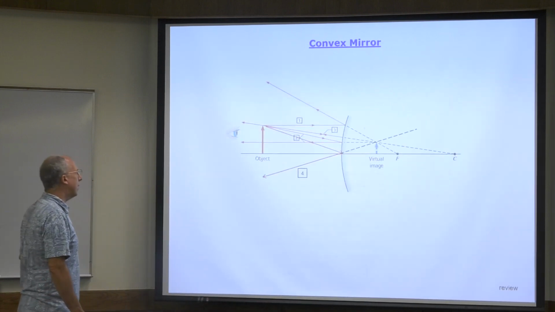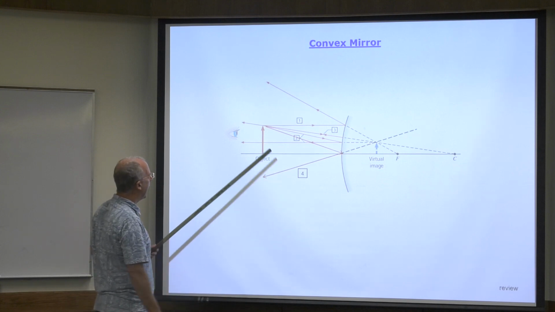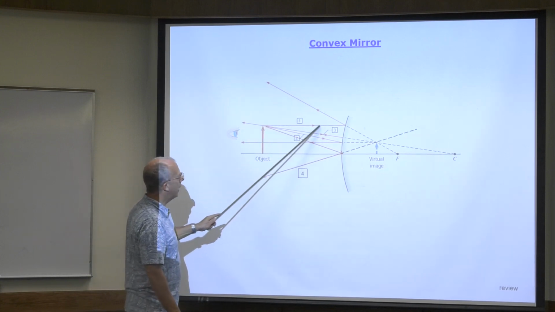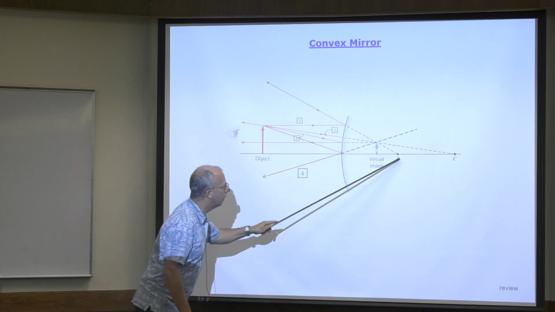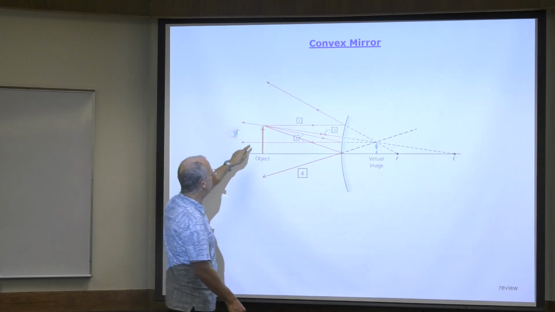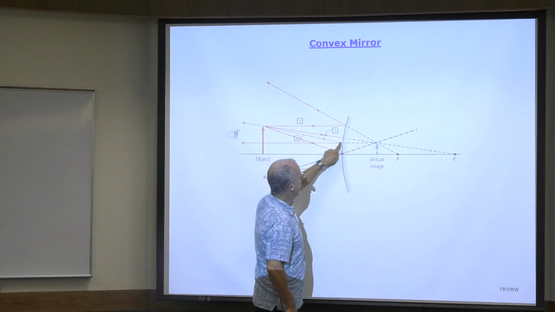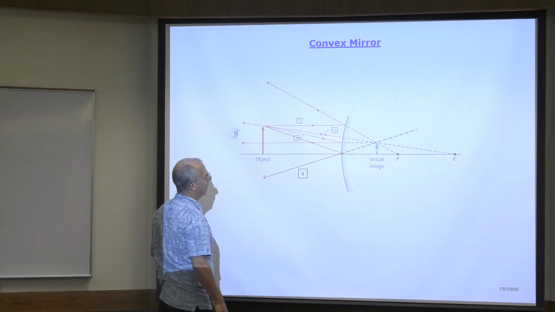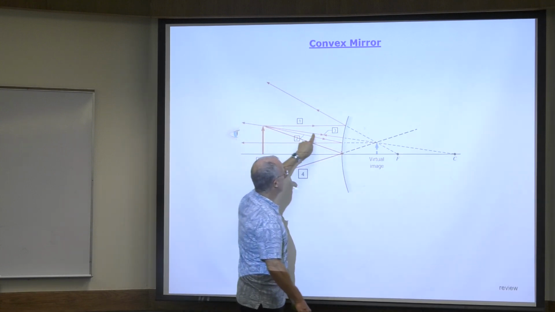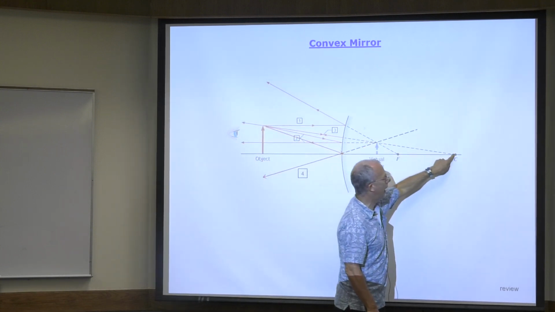Then for the convex mirror, it's a bit more complicated, but not so bad. 1: parallel in, it reflects, so you backtrack it, focal out. 2: focal in, but it reflects here, parallel out. 3 is a nice one: it just goes right through the center of curvature if you drew that.